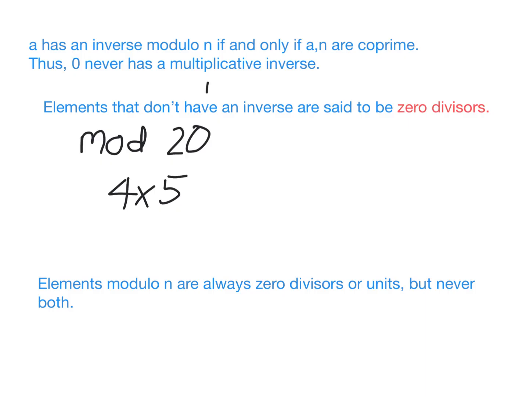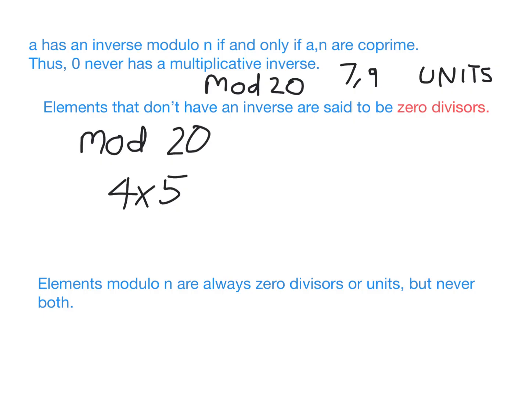So if we're looking at mod 20, numbers like 7 and 9, they had a multiplicative inverse because 7 and 9 are both co-prime to 20. So we call these numbers here units.